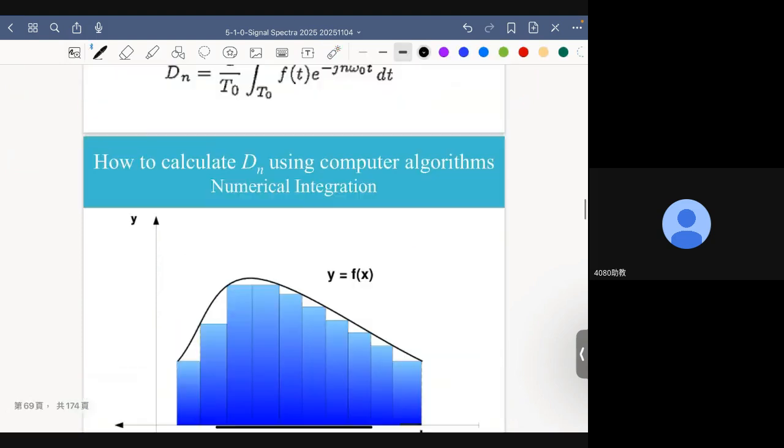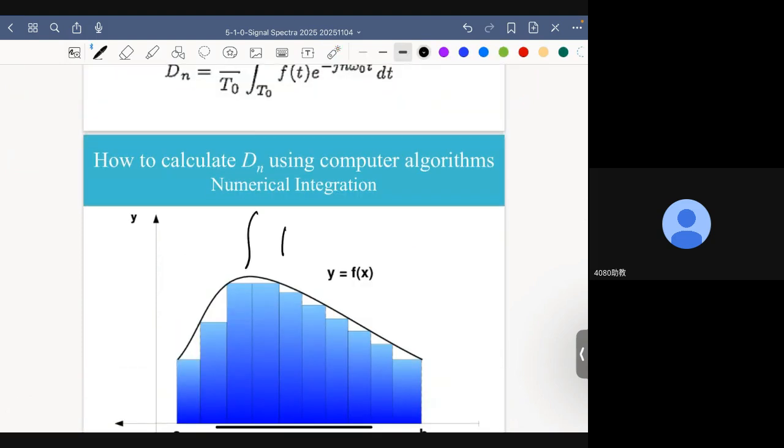Now, the algorithm we want to study is numerical integration. Here, the goal is to find the numerical value, the result, of this definite integral. It is called a definite integral because its upper and lower bounds are given. So what is this definite integral really?